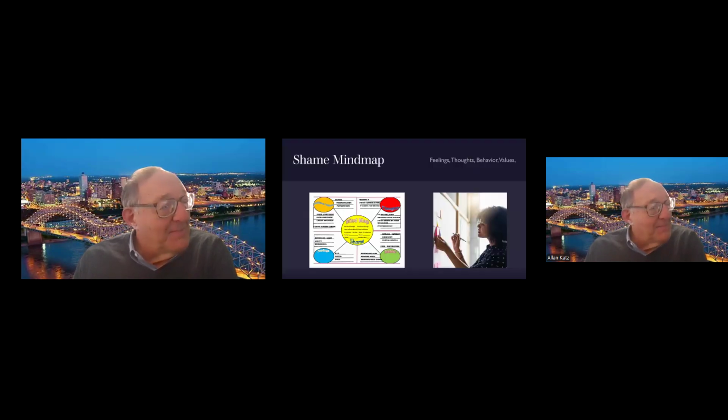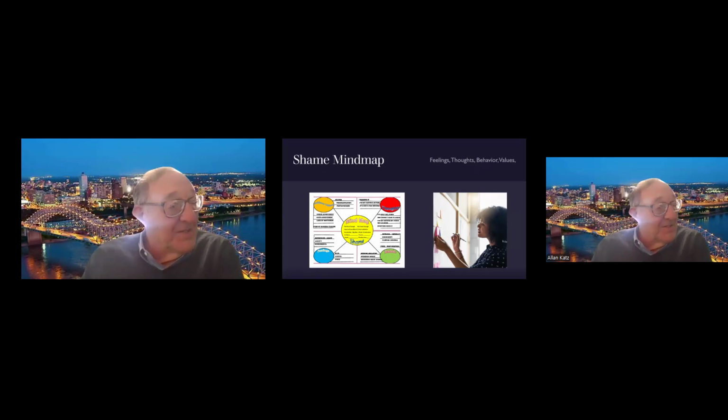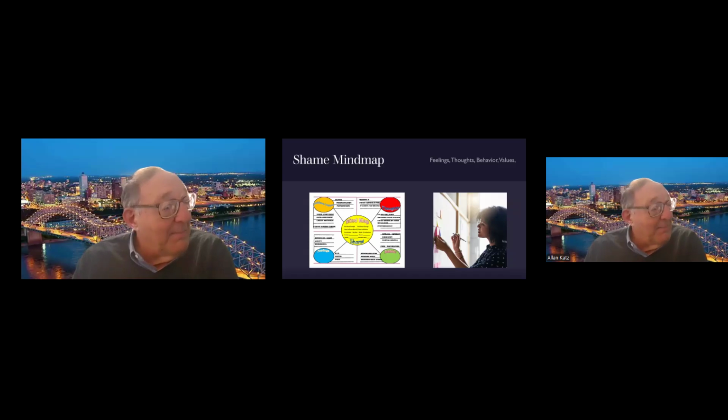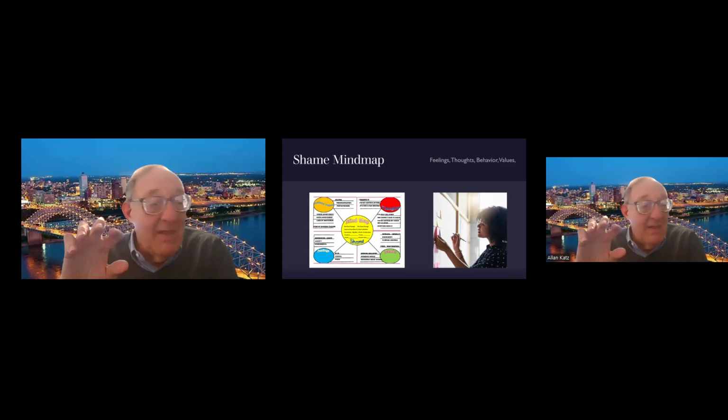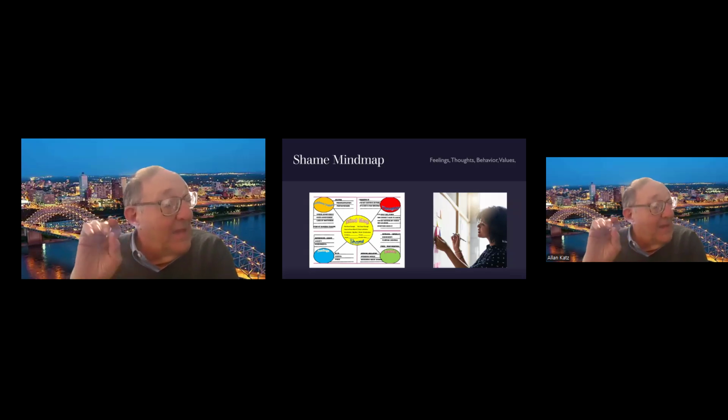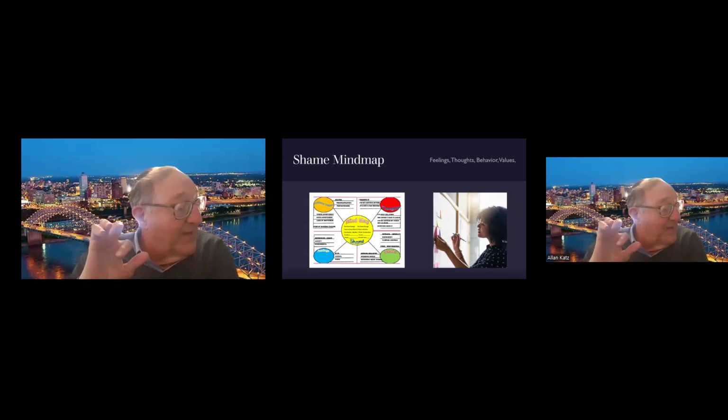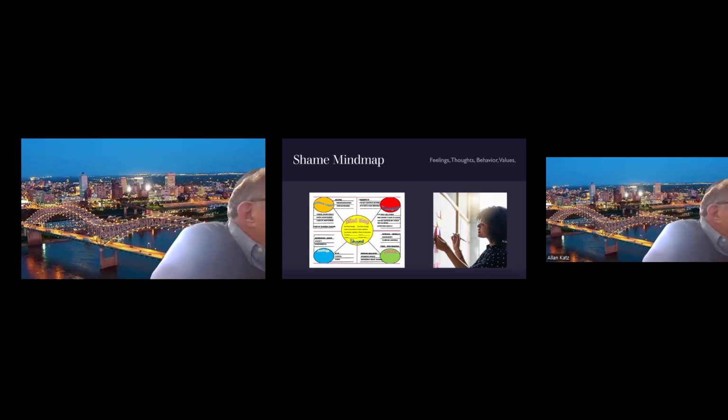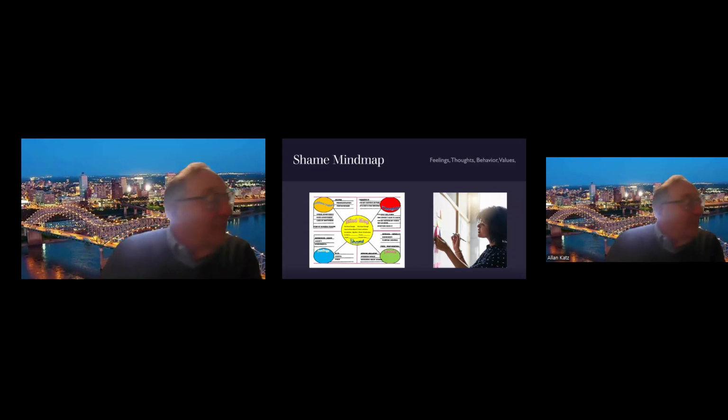A mind map is basically where you put a theme, like here we put shame as the theme of the mind map, and then you have these spokes going out from it. So you put a feeling in there like shame, and then you have thoughts, behaviors, feelings, and values.